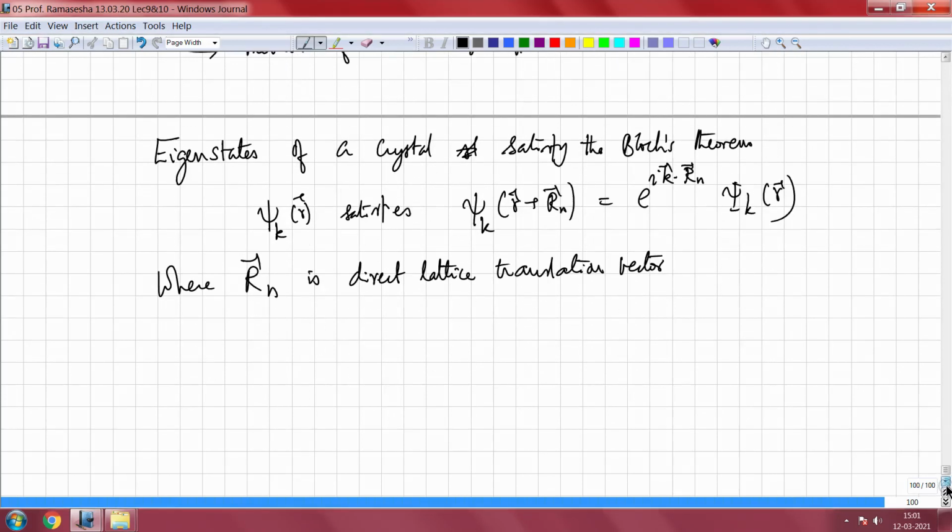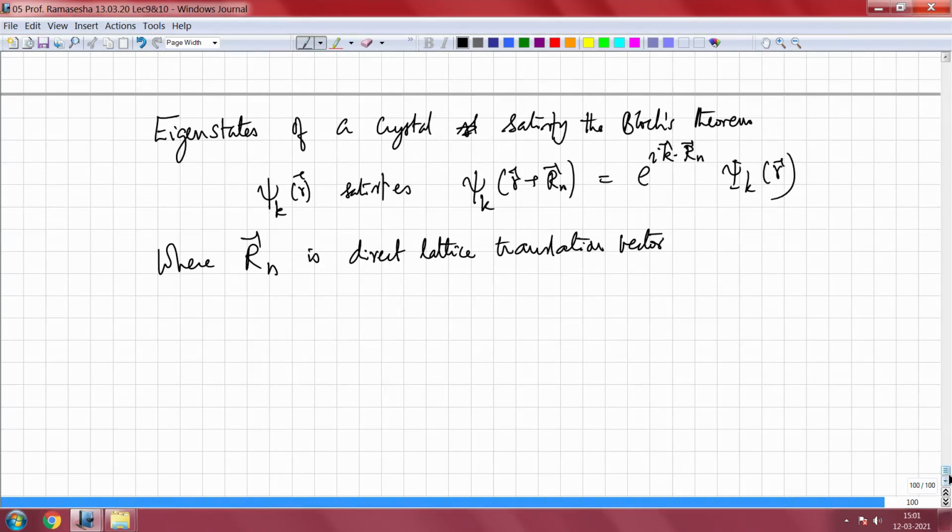Given this, it is possible to write psi k of r in the following fashion. I can always write psi k of r as equal to e to the power i k dot r u k of r, where u k of r satisfies the periodicity of the lattice, u k of r plus R n is equal to u k of r.